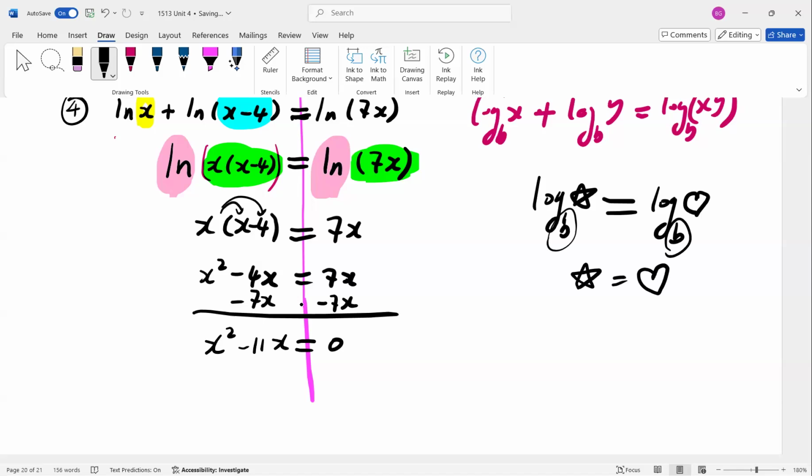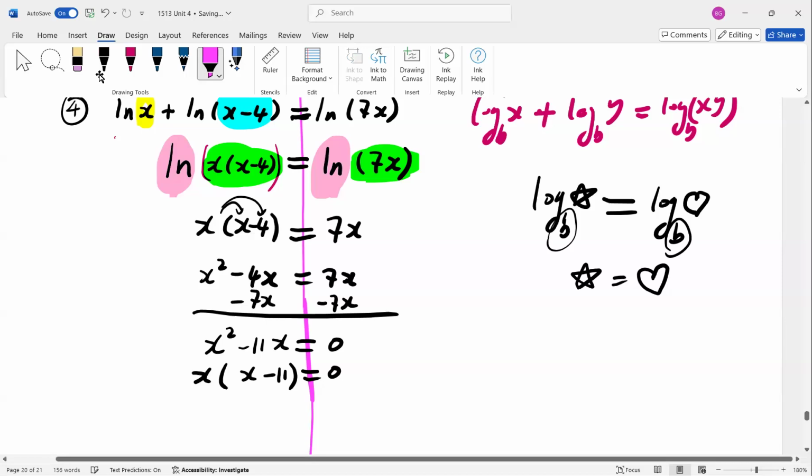This is an easy quadratic. It's not even a trinomial, it's a binomial. We can factor x out. Factor x out, then we have x times (x minus 11) equals 0. All right? So if you remember, how did we solve a quadratic equation?